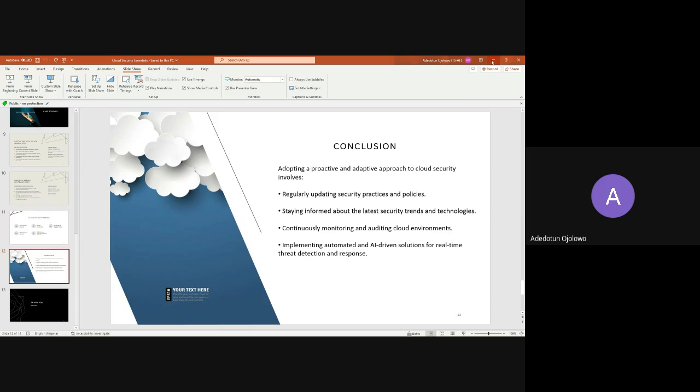I just want to end by telling you that it is very important that we understand the critical need for cloud security today.